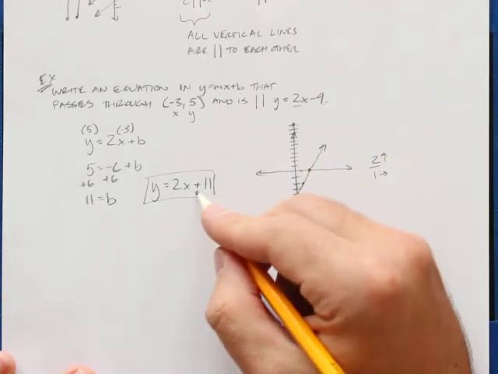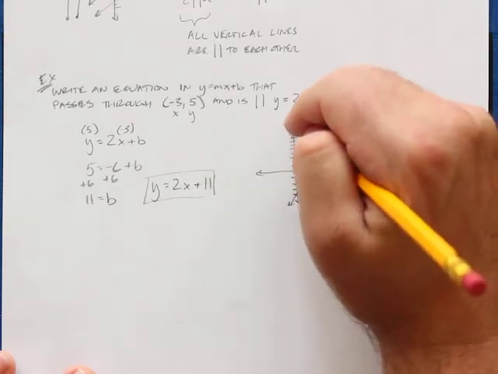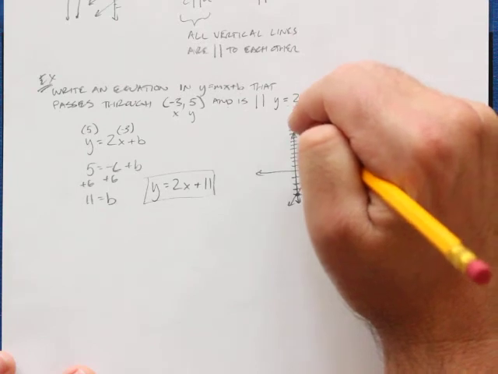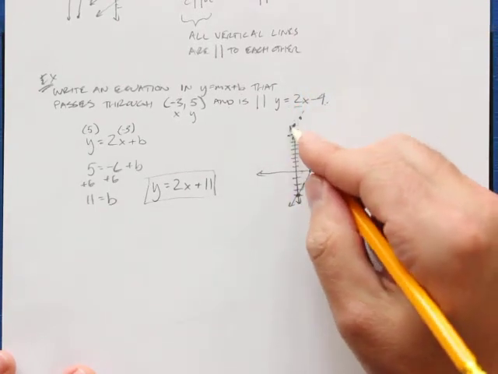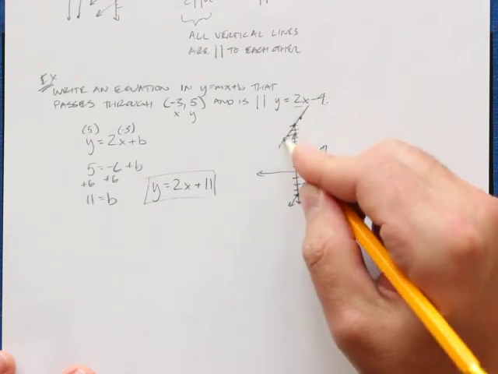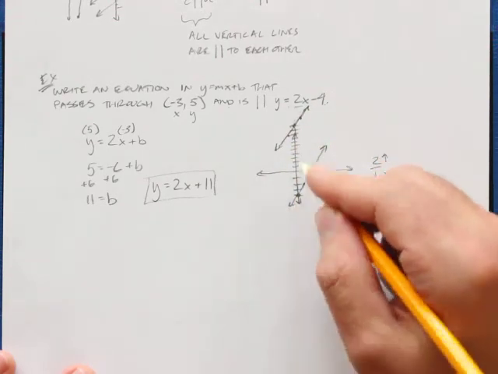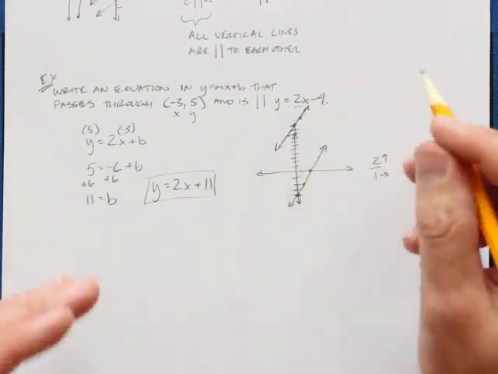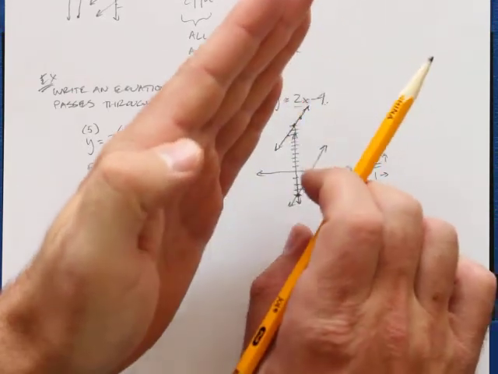Now same thing with this other line, so I go up to 11, I go up 2 to the right 1, oh that's not really right, is there? I'm going to go down 2 to the left 1 as well, and then here's my line. And if I were to draw my graph perfectly, like this is not totally perfect, these lines should be going exactly the same direction without ever touching.